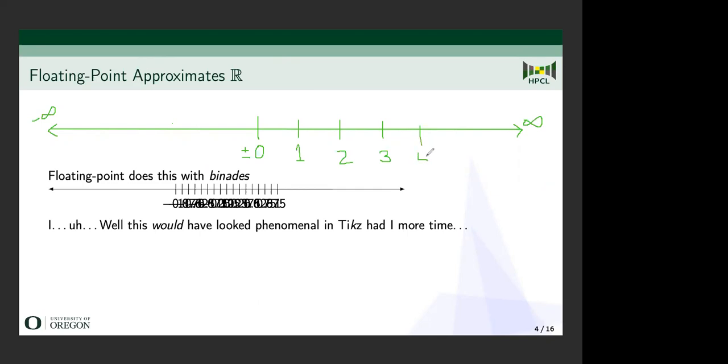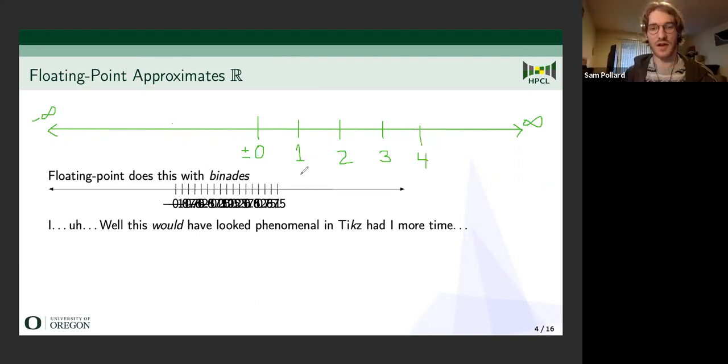Yeah. So we have 4 and so on, and what these form. I'm just going to do 1 to 2 and then 2 to 4 because they're kind of special. Or sorry, between 0 and 1 is kind of special. These are what are called binades, and what this means is all the numbers within are the same distance apart from one another, right?